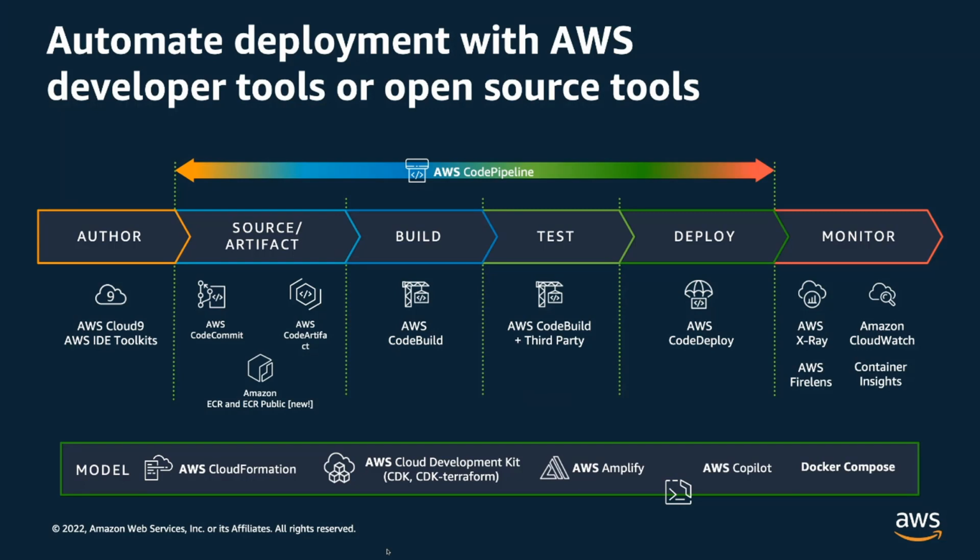And built-in integration tools like AWS CodeBuild, and then tools to help you deploy into production and then monitor those services post-deployment with AWS X-Ray, CloudWatch, Container Insights, and then AWS FireLens and the OTel collector, the OpenTelemetry collector as well. But the key here is really to automate your infrastructure like you do your application deployments. And it's also a good practice, if you're working in a microservices environment, to couple those whenever you can.